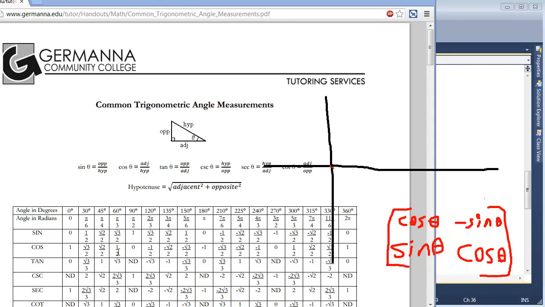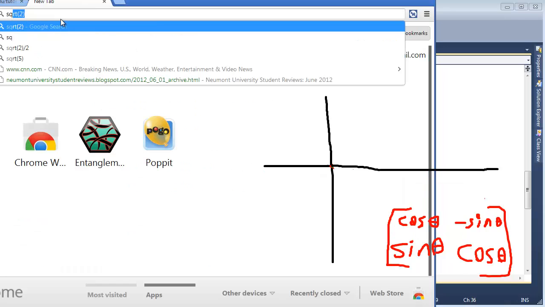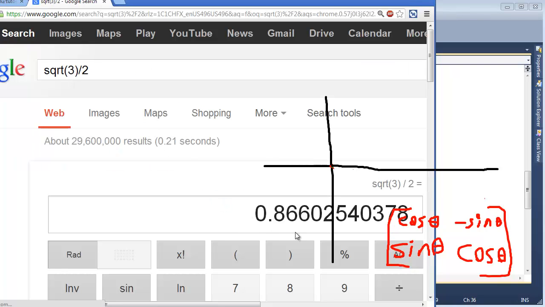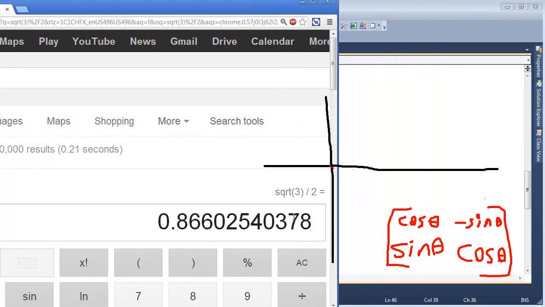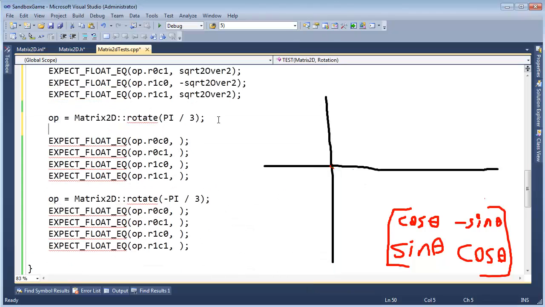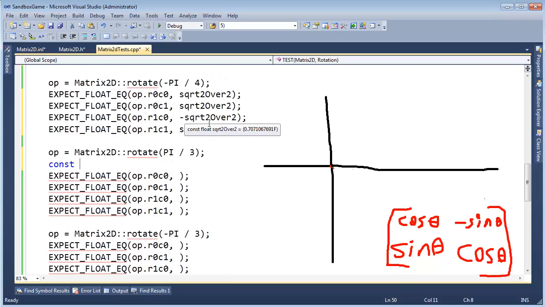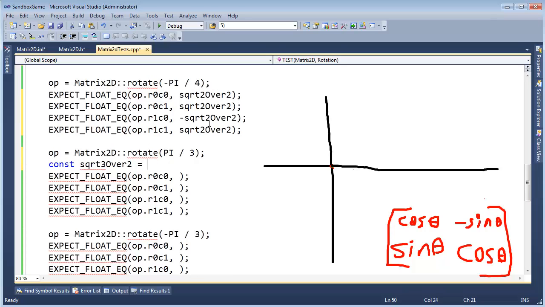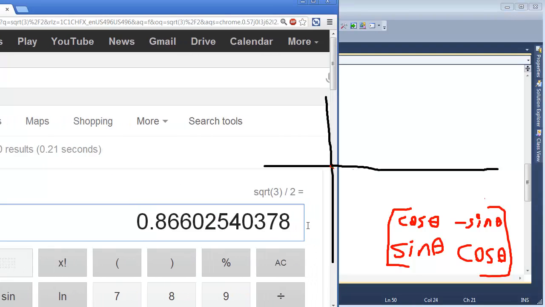Well, 1/2 I can represent in decimal perfectly, but root 3 over 2 I can't represent perfectly. Let's go here, square root 3 over 2. So that's going to be our square root 3 over 2 number. Let's make a constant for that and be consistent with the rest of our testing. Square root 3 over 2 is equal to this number.